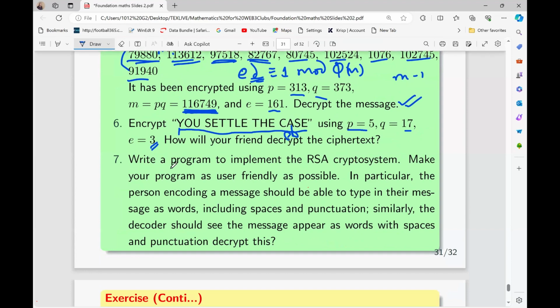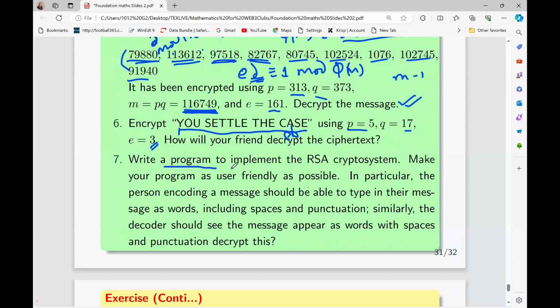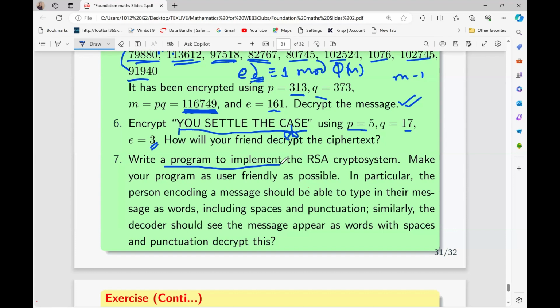Now, this question reminds me, I don't know whether you normally answer these questions where you're supposed to implement some program. There's one that somebody answered last time, I think it was Renate. Again, for this question, you're supposed to come up with a program and implement RSA. And I said, make your program as friendly as possible.